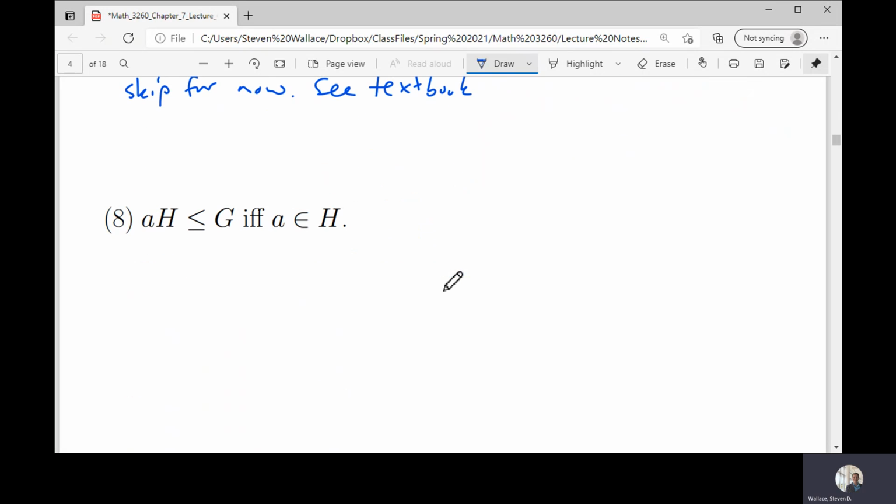And this is saying that a coset is a subgroup of G if and only if the coset representative is in H. Well, right, a is in H if and only if aH is equal to H, and so that is a subgroup, right?